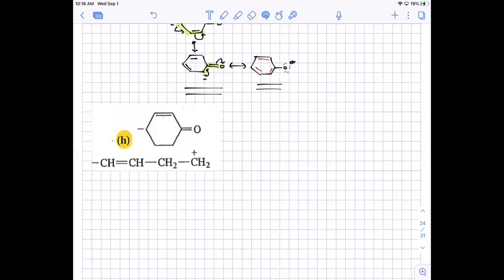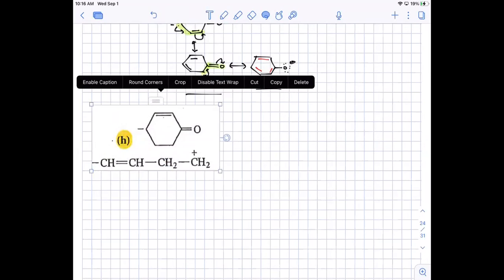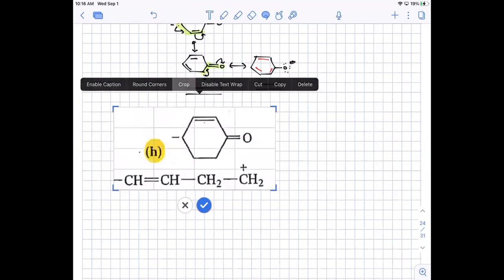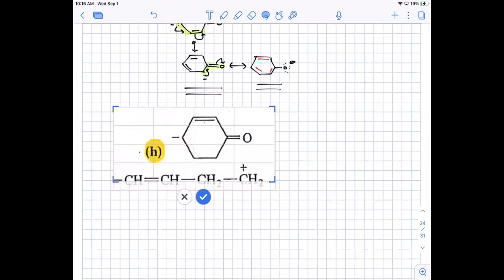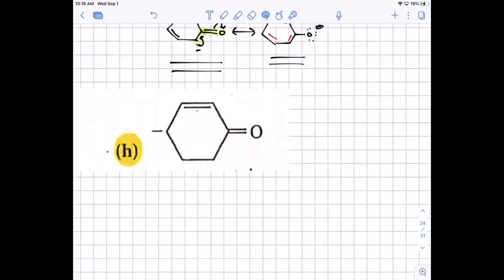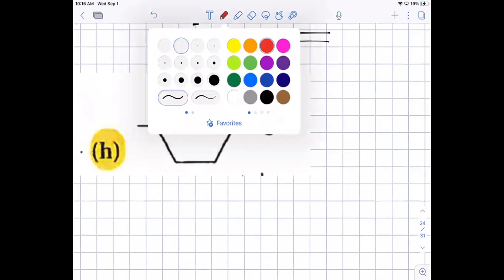All right, so come on, Russell, get your mind right. All right, so we need to put a pair of electrons here on carbon.